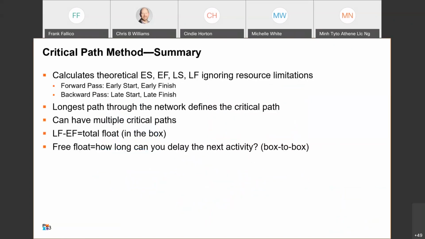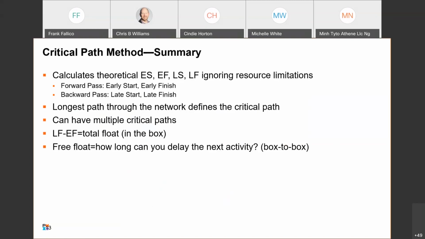All right. So in summary, we're going to use that critical path method to create our theoretical early start, early finish, late start, and late finish while ignoring any resource limitations, okay? Our longest path through the network defines the critical path, and you can have multiple critical paths, and as I stated earlier, you want to make sure that you're paying attention to those near critical paths as well, because they can become your critical path.